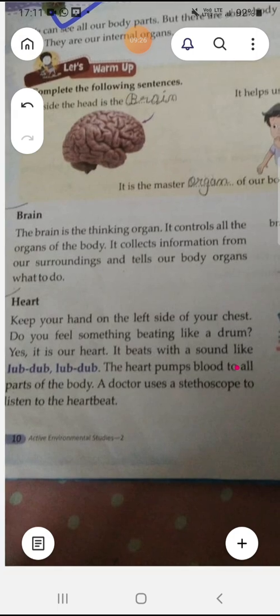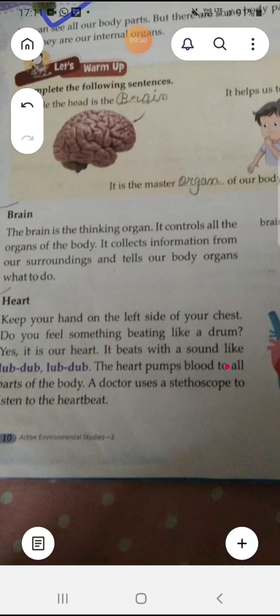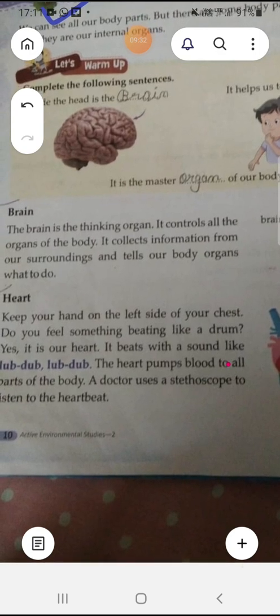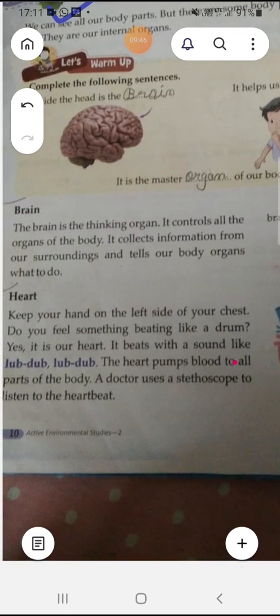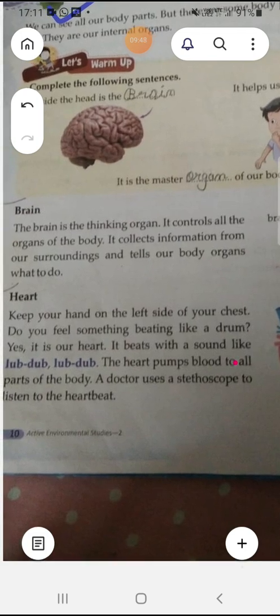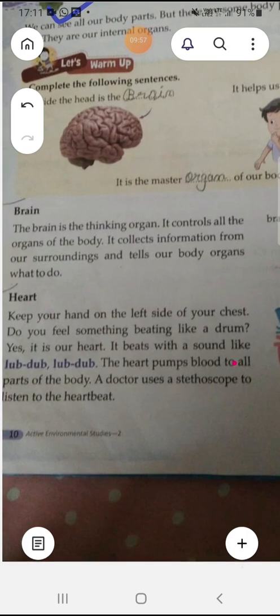Suppose our hand, leg, everything is getting information from this brain. The brain is giving information to all the organs of our body. It collects information from our surroundings and tells our body organs what to do. Surroundings means what is there around us.